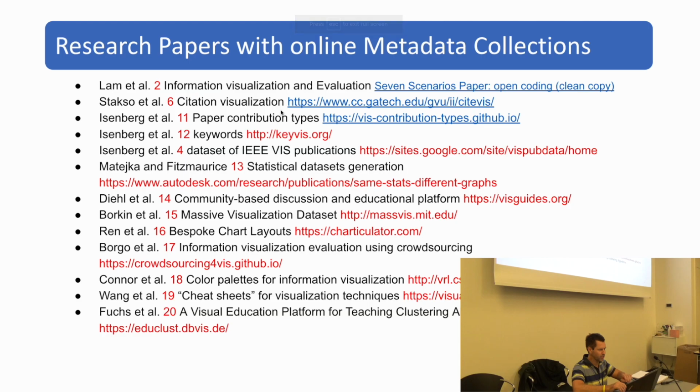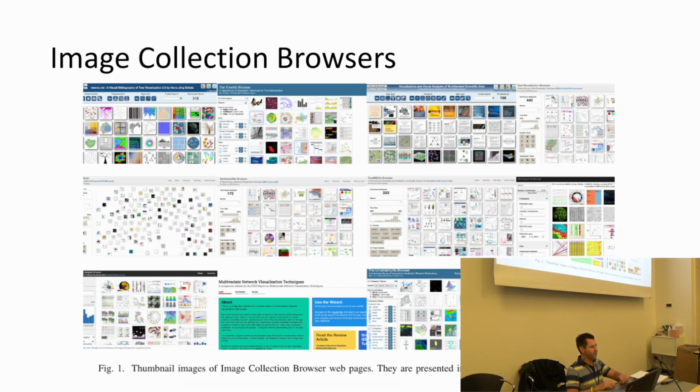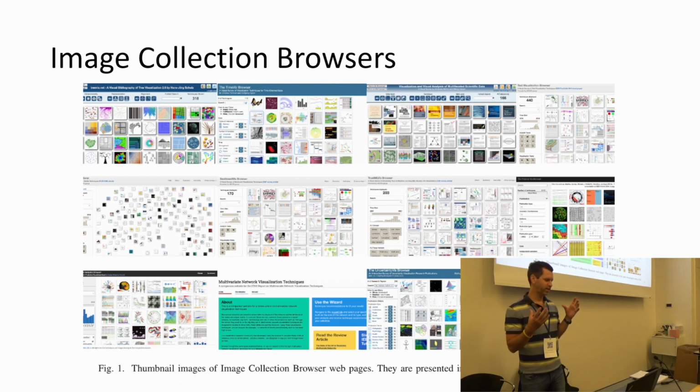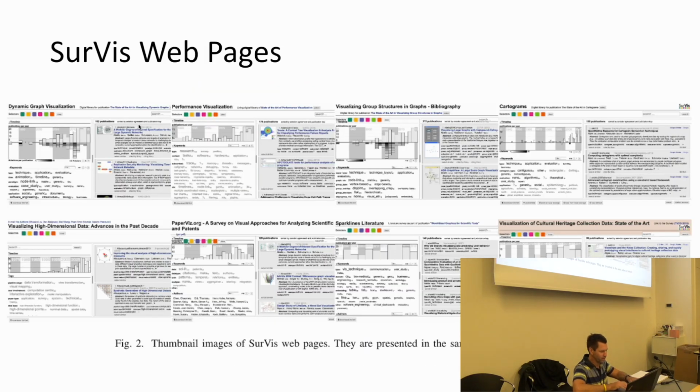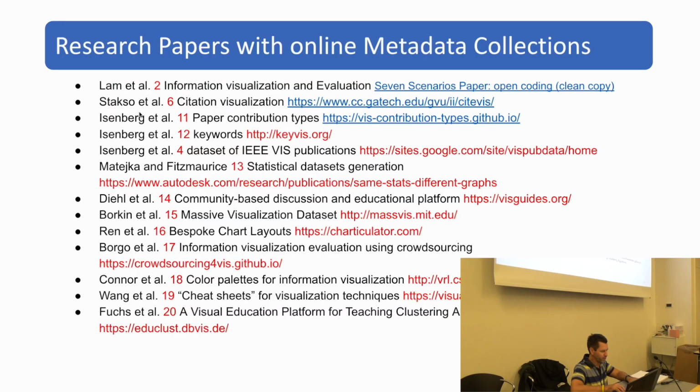There are also special papers that just have collections of images for visualization based on different themes. We have these collected together too. We call them image collection browsers. And what might be a good one?